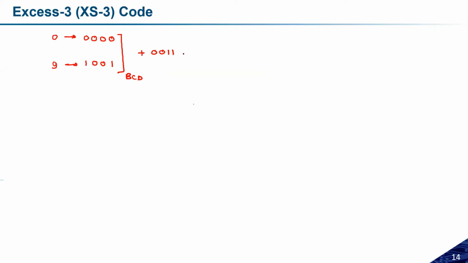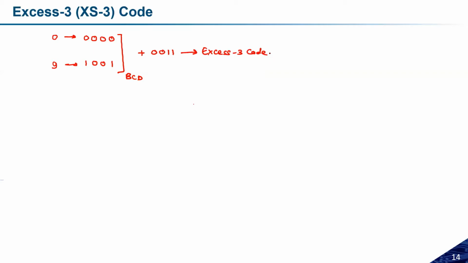Once we have added 0011, this code becomes the Excess-3 code. The name comes from the fact that we have exceeded all the values by 3, which is why we call it Excess-3 code.